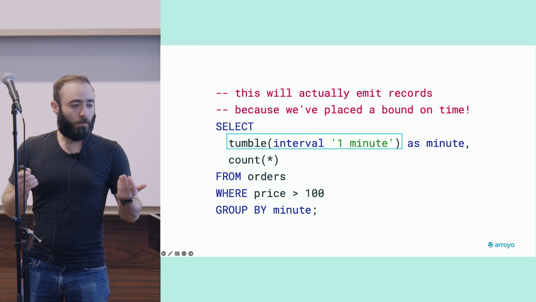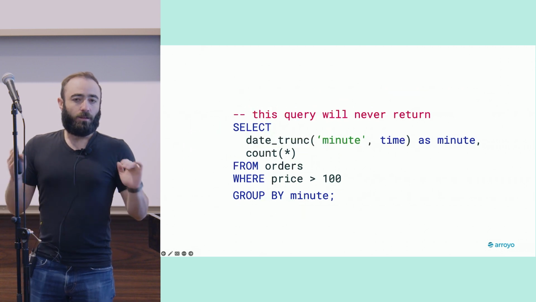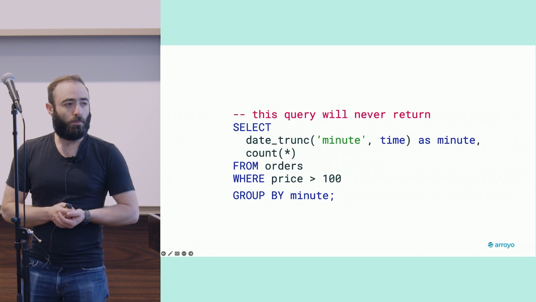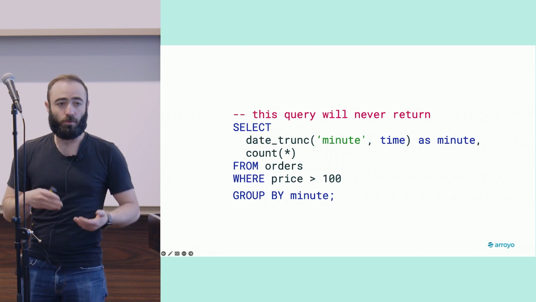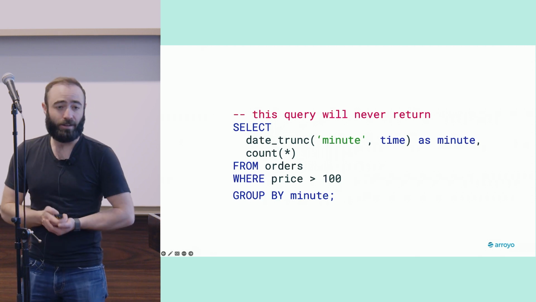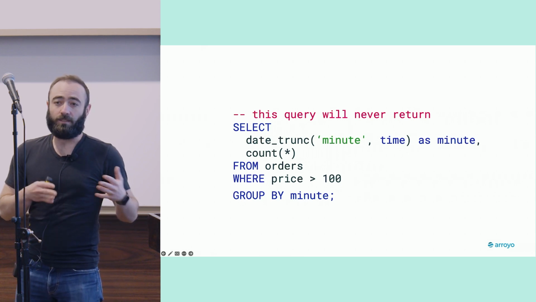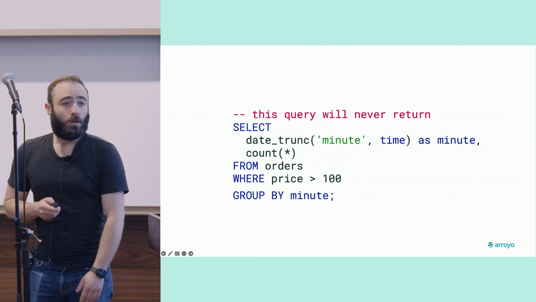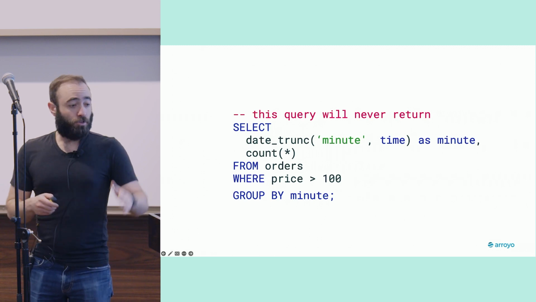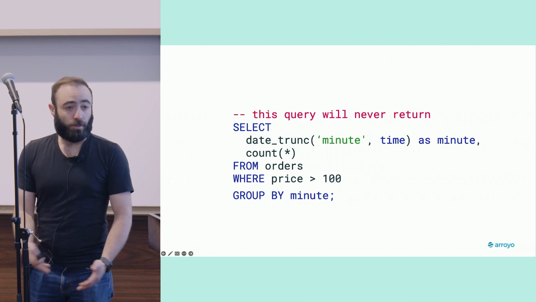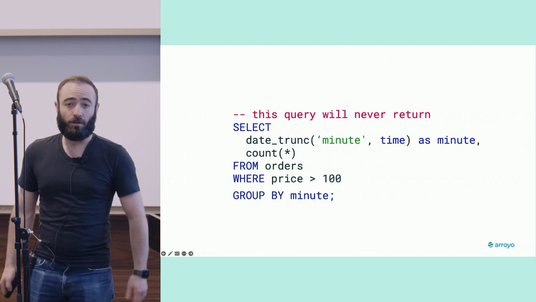And as we saw before, with these aggregates, group bys, whatever, they never finish because the group by has to wait for all of the data. But since we know that our stream is time ordered, more or less, we can exploit that to enable our tumbling window to complete once we've seen all the data for that window.